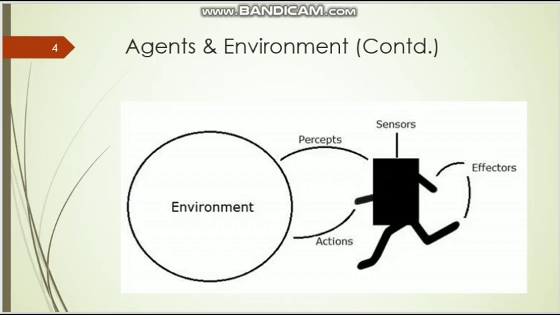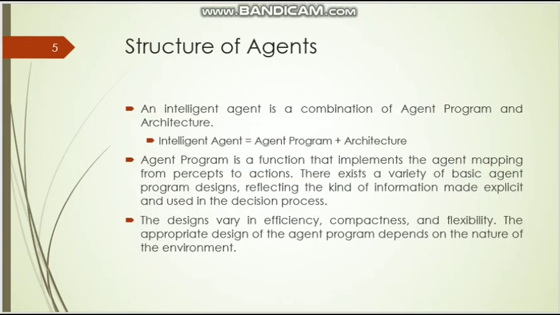So for every action of any agent, the environment will change. Based on the changed environment, the agent's action depends, right? So this is how the agent and environment work. So now, what is the structure of an agent?